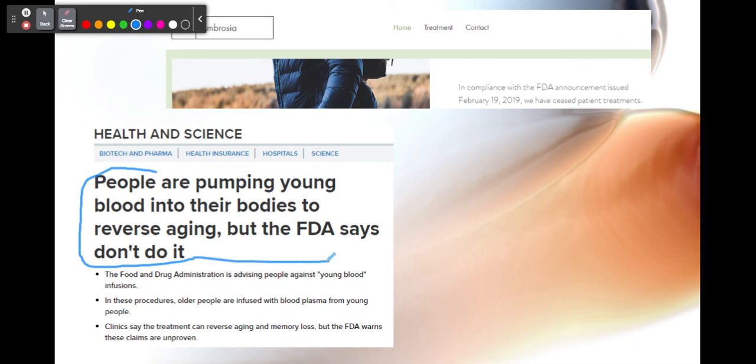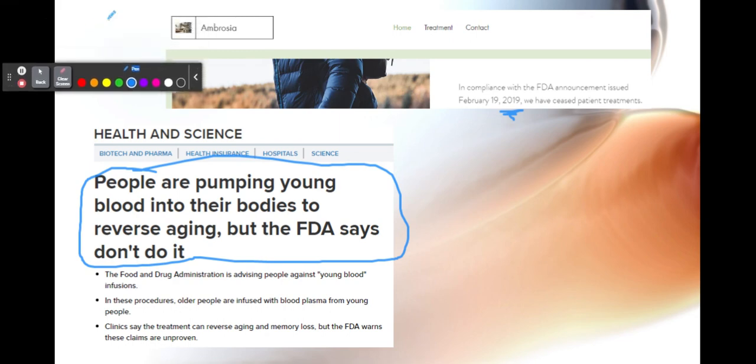So some time ago, in 2019, people thought it would be an awesome idea to get blood transfusions just to feel young. The name of the company is Ambrosia.